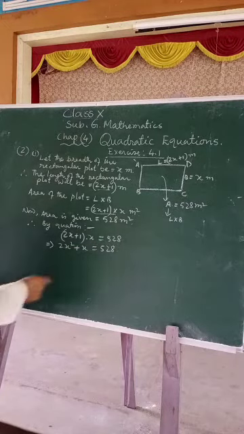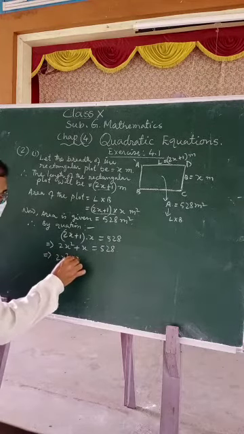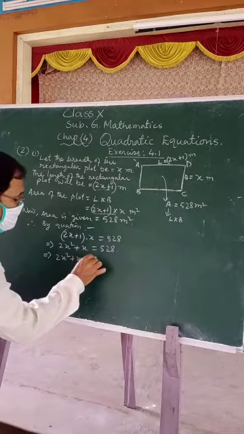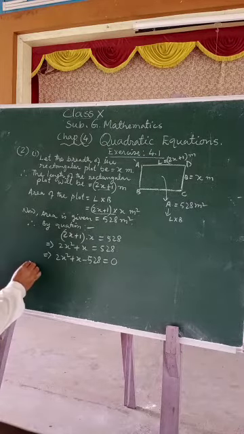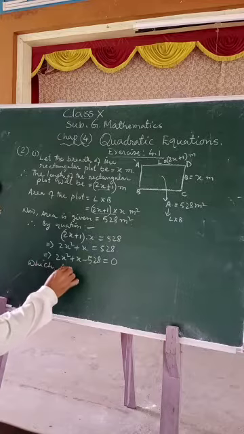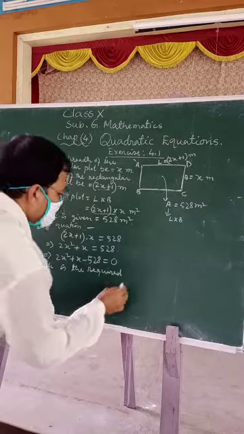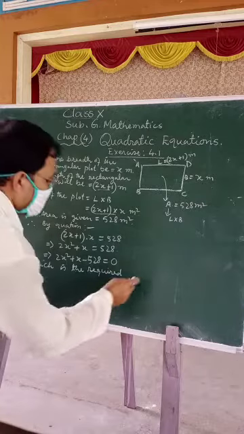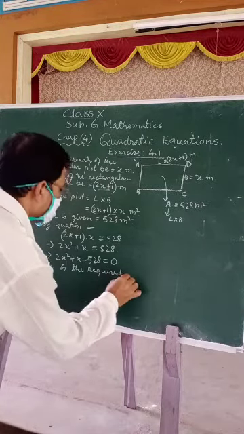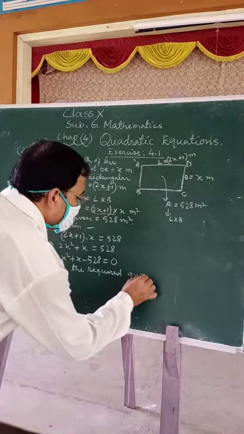Transferring 528 to the left side, we have twice x square plus x minus 528 equal to 0, which is the required quadratic equation.